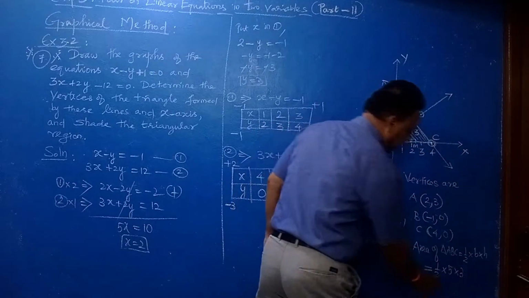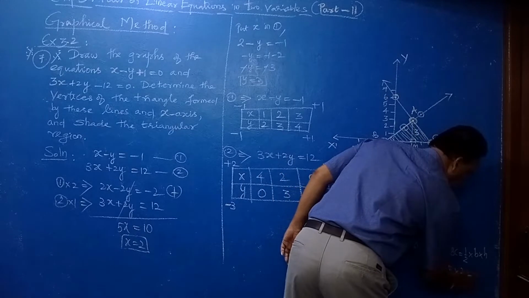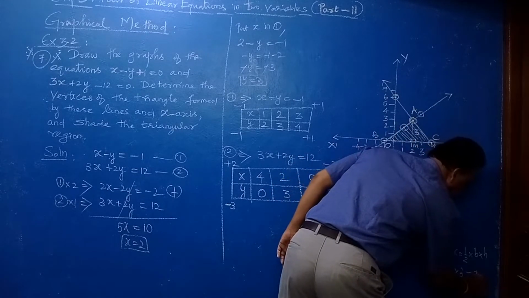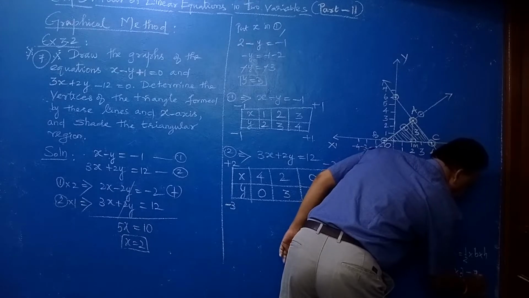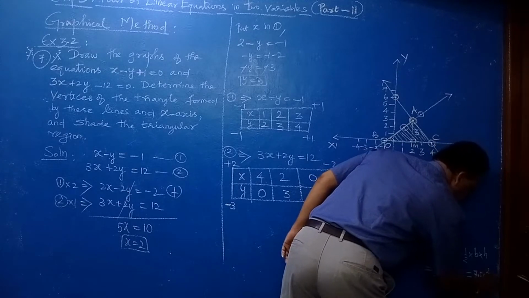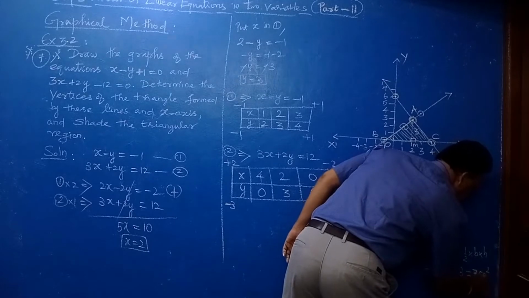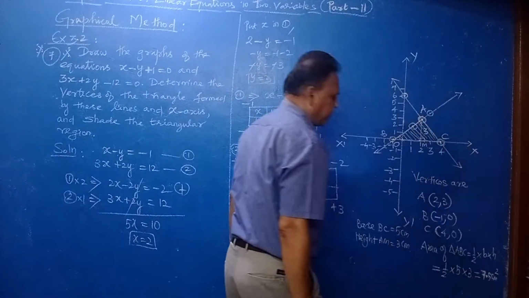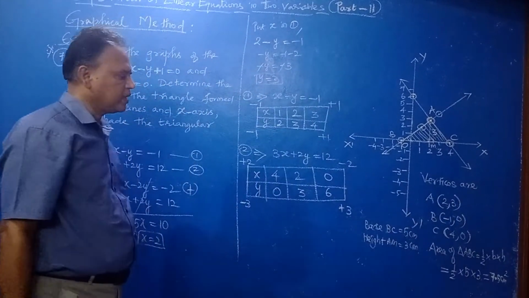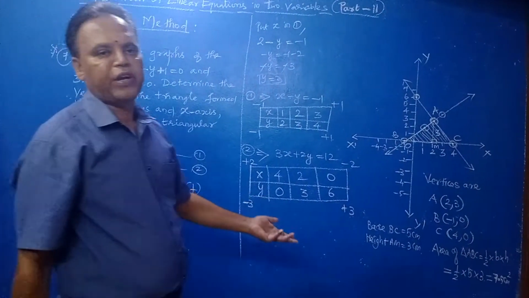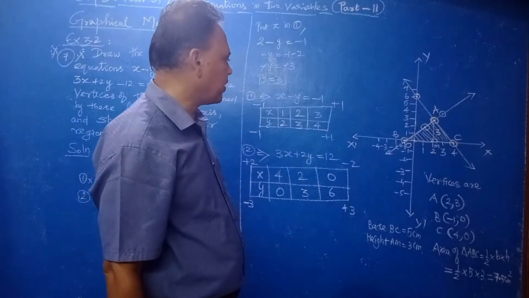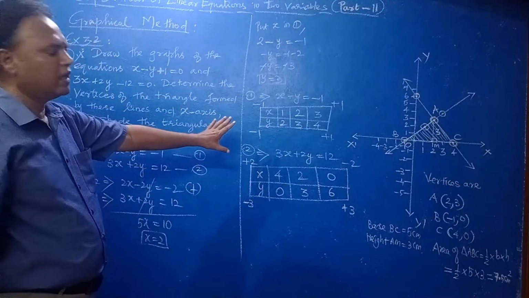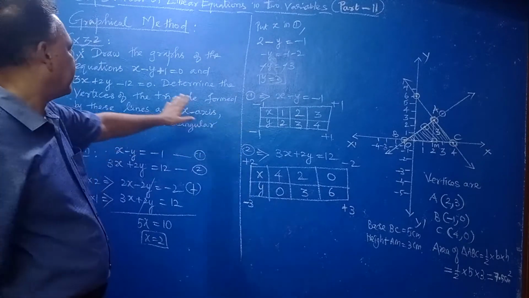Therefore, 15 by 2, that is 7.5 centimeter square. Area means square you have to write. If they ask for area, you have to find it out. I have given just an idea. Very simple way you can do this graph problem.